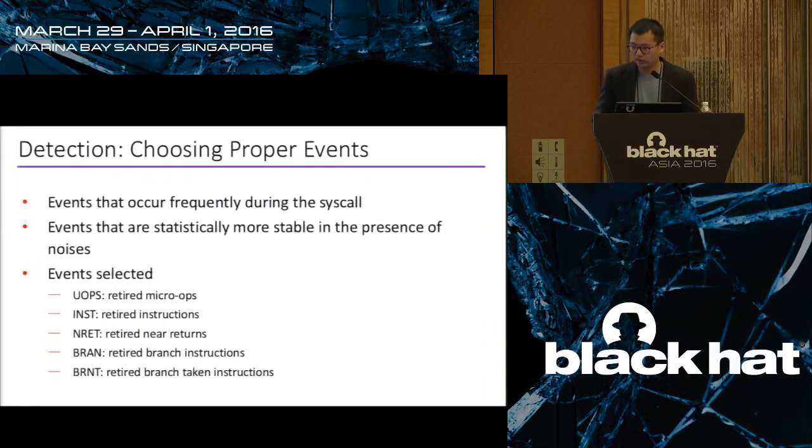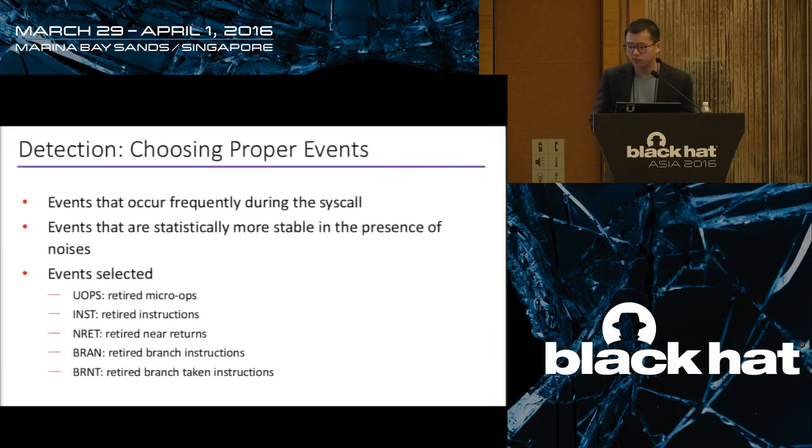Okay, so the events that we selected in this talk are 5 events. First one is retire micro-ops. Micro-op basically means that when you execute a processor instruction, if it is a complex instruction set, you decode into simpler instruction sets.